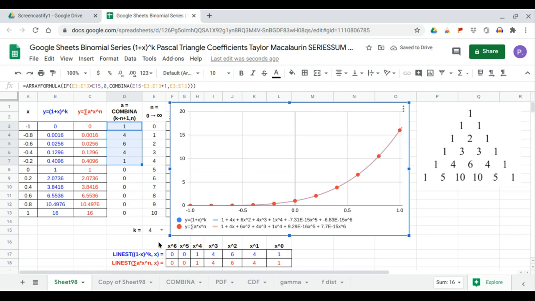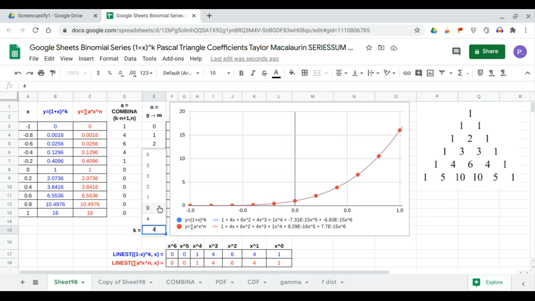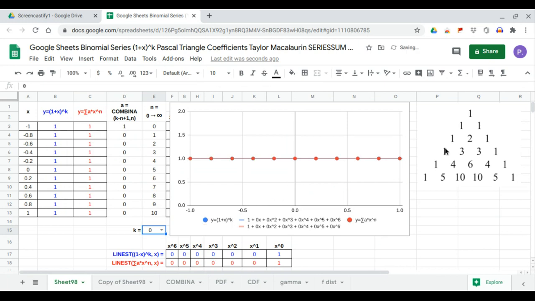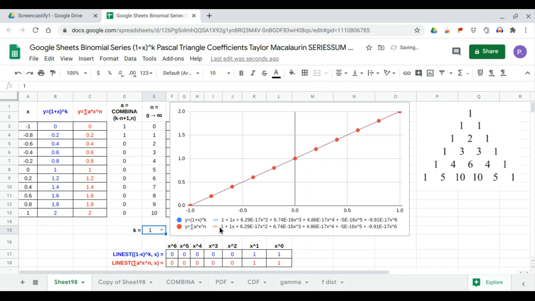We will now compare this with the Pascal triangle, starting with 0. At k equals 0, y equals 1, and this is 1. At k equals 1, our polynomial is y equals 1 plus x.